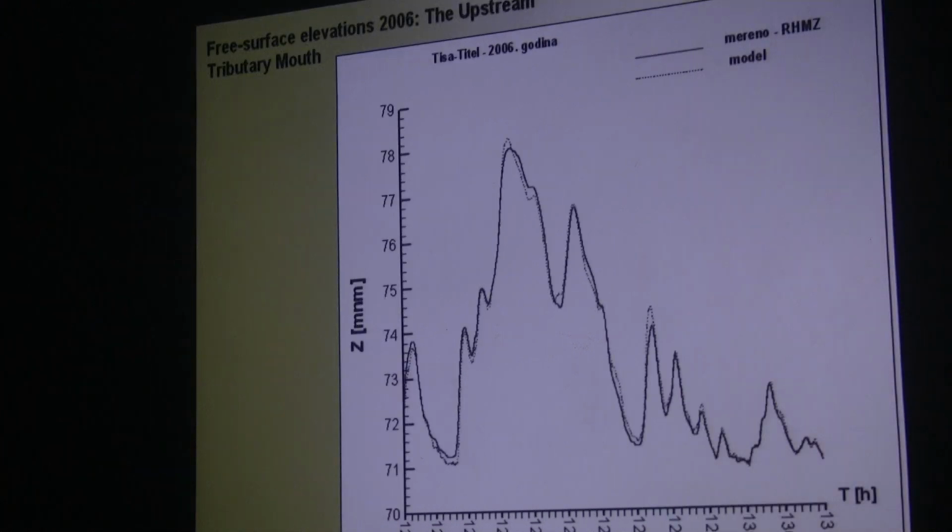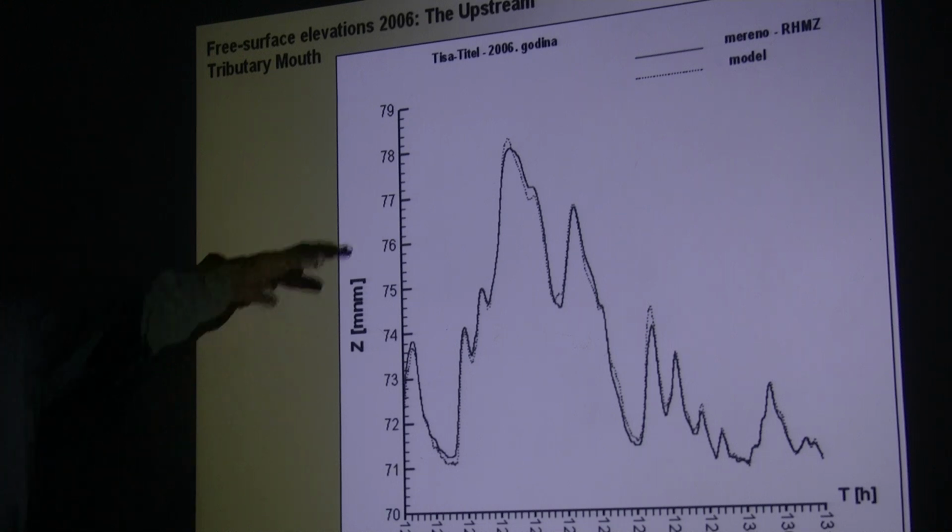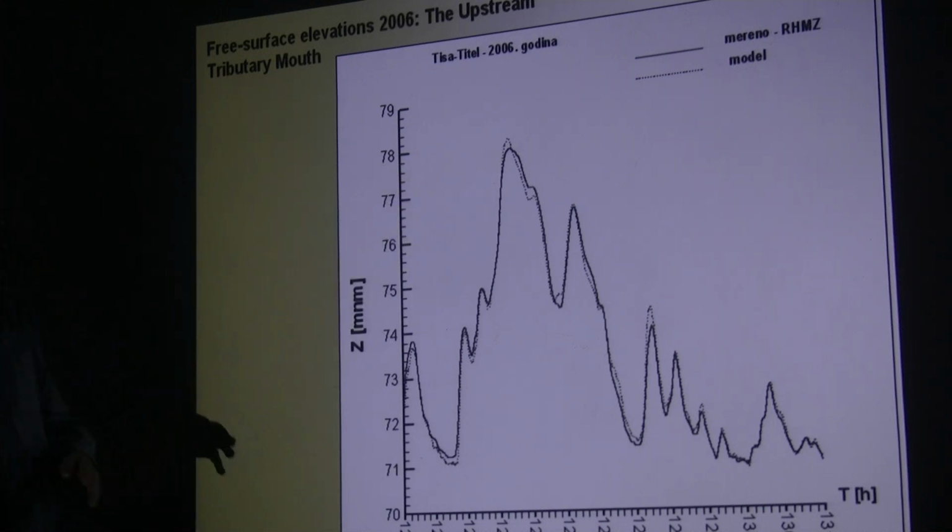Next one. This is in Tisa, elevations in the Tisa River, around the mouth, the confluence with the Danube. The peak is somewhat lower, but since it's at the mouth, it's pretty much the same as in the Danube.